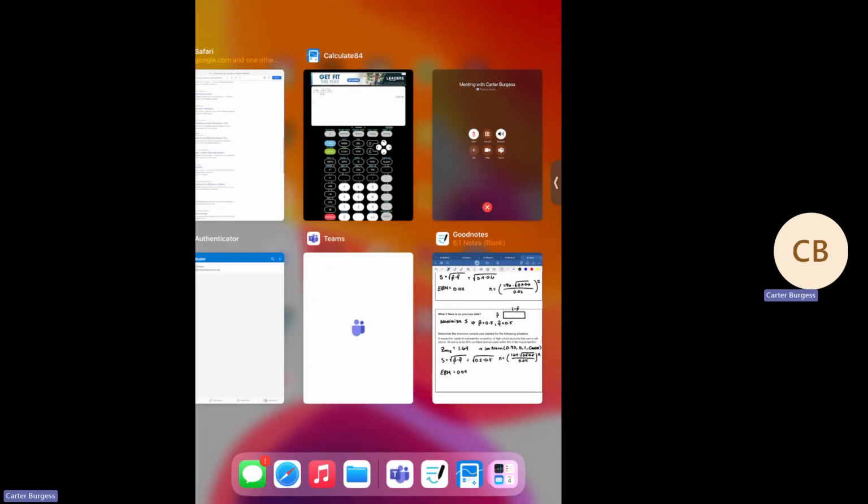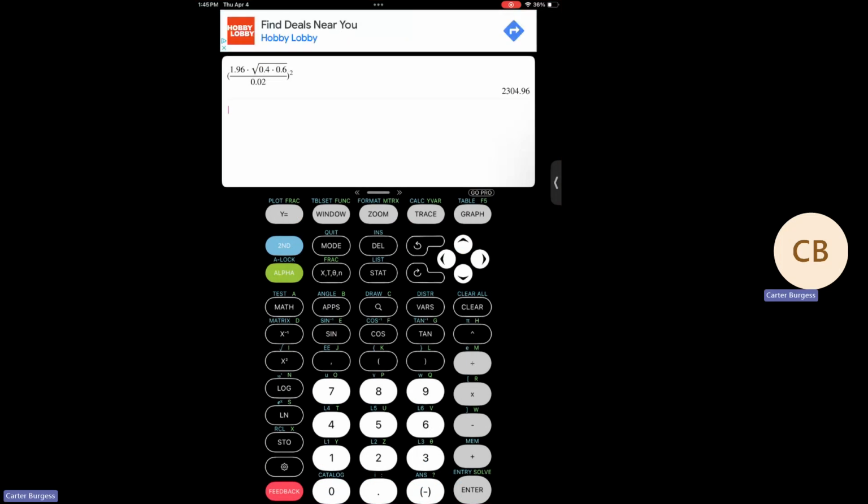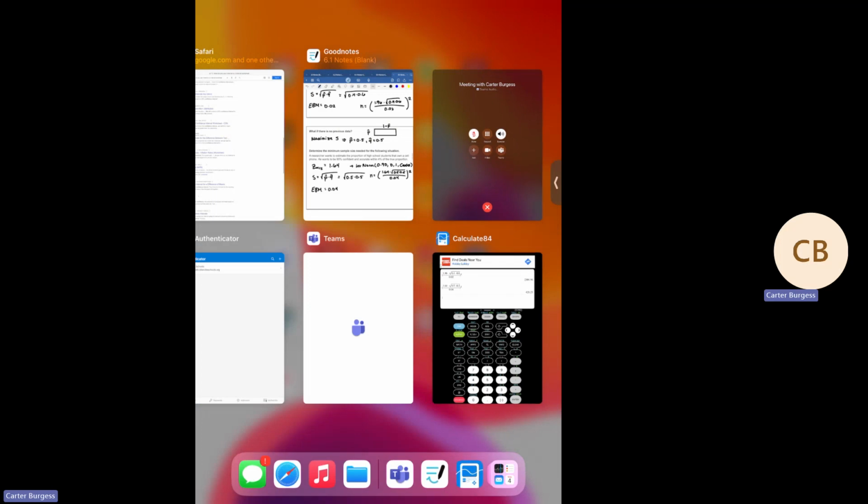So parentheses, 1.64 times the square root of 0.5 times 0.5, divided by 0.04, squared. This is 420.25.